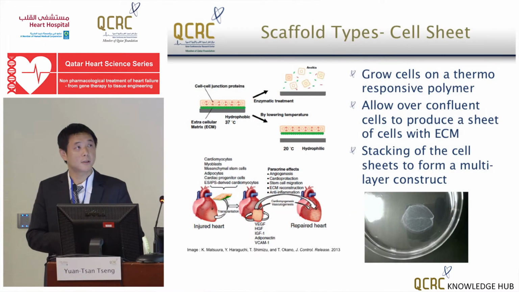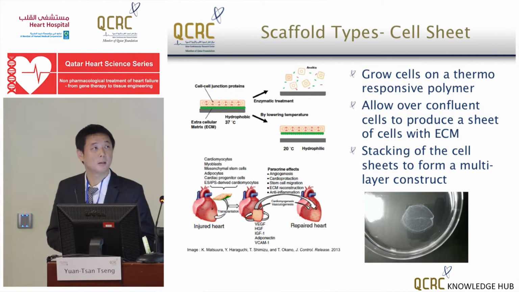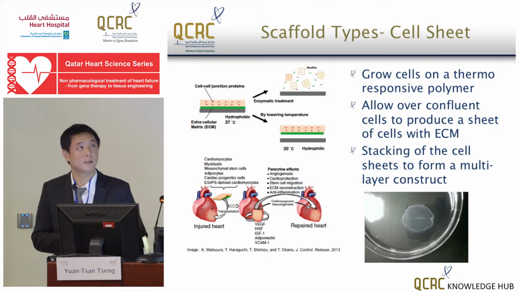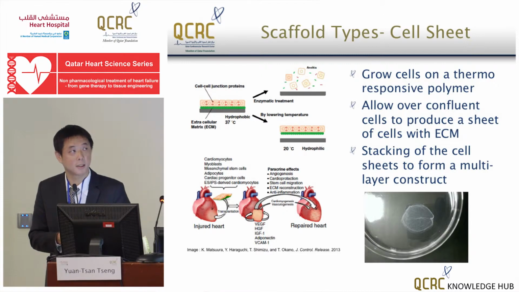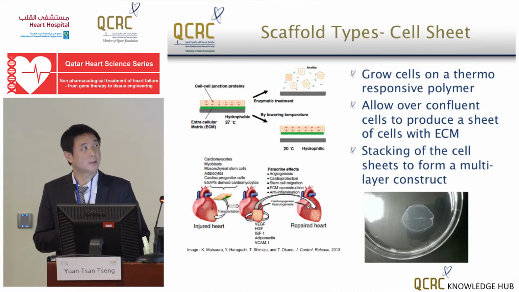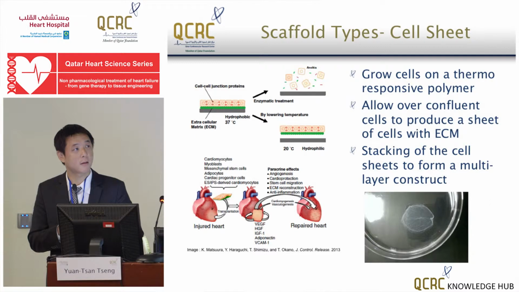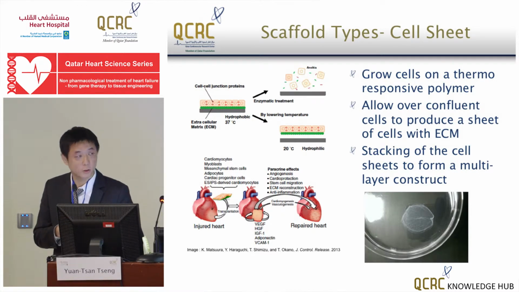One interesting type of natural biological scaffold is the use of cell sheets, which I believe was also in our previous seminars, where they grow cells on thermally responsive polymers. The cells will become confluent and produce extracellular matrix. By the special property of this type of polymer, when you change the temperature, it becomes hydrophilic from hydrophobic, which allows the cells to detach.